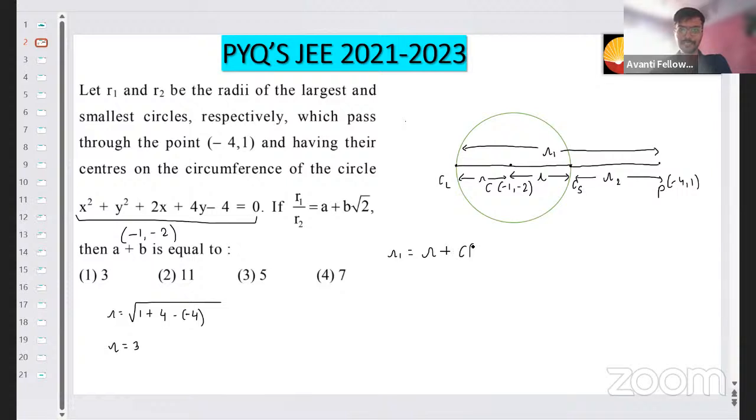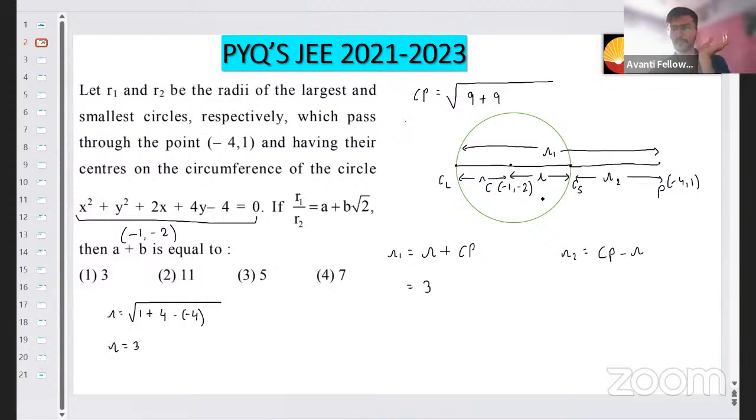plus CP. And similarly, R2 will be equal to CP minus R. What is R? It is 3. Let us calculate CP. CP will be equal to the square root of, by using the distance formula, 3 squared, 9, plus 3 squared, 9.